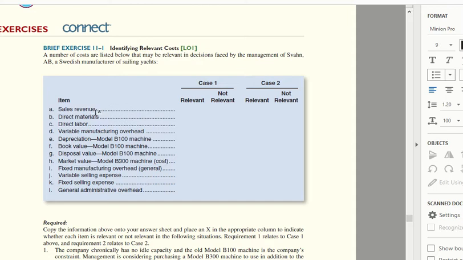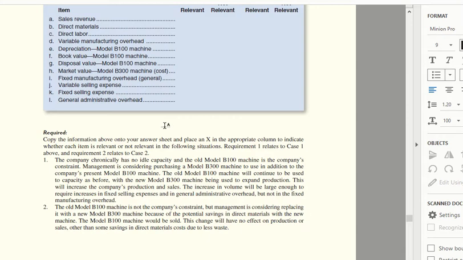But anyway, this is a Swedish manufacturer of sailing yachts. Copy the information above into your answer sheet, so you should copy this into an Excel sheet. Probably shouldn't write on your textbook, but for me it's probably easier to just put X's on my PDF and show you. So the company chronically has no idle capacity.